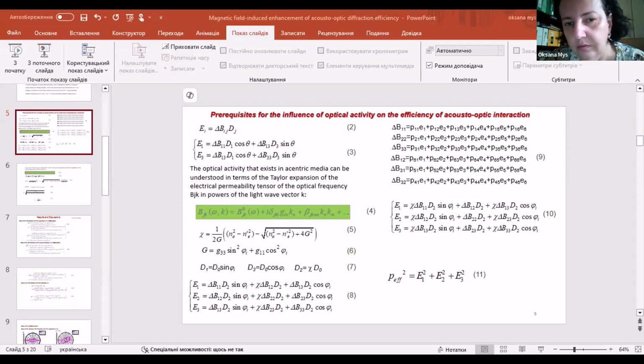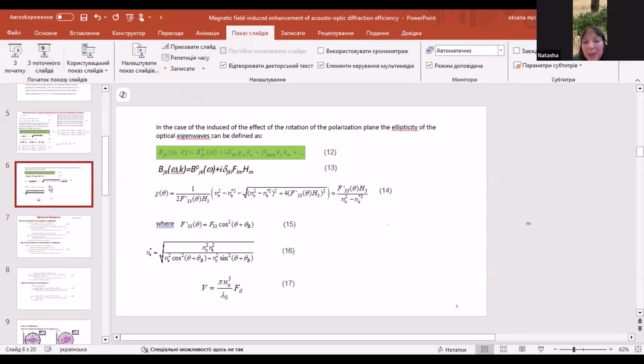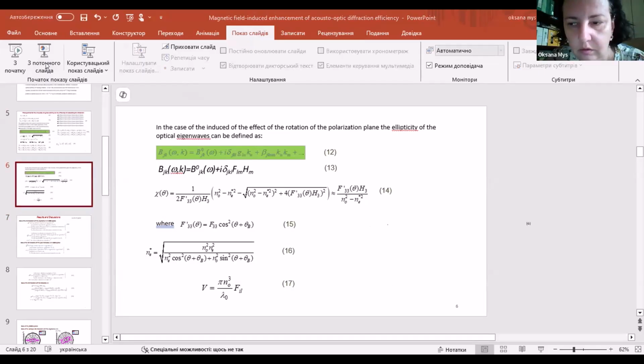Can you see another slide? No, not yet. Oh, now it's 7. Maybe if you switch to presentation mode, it will work better. I will try to switch using my mouse, but it doesn't work. Can you try the bottom of your screen?